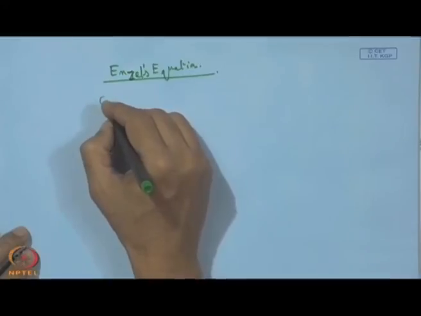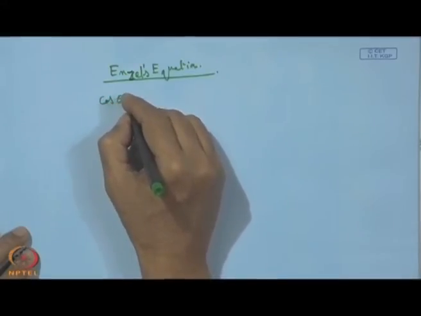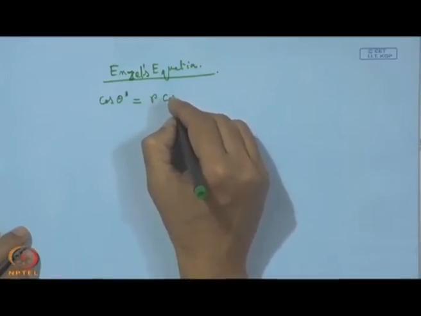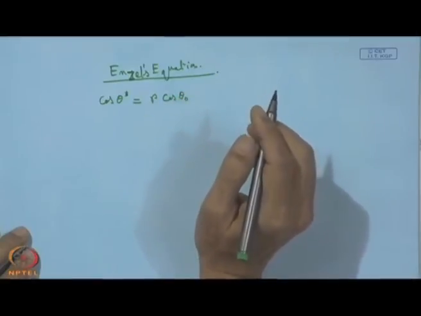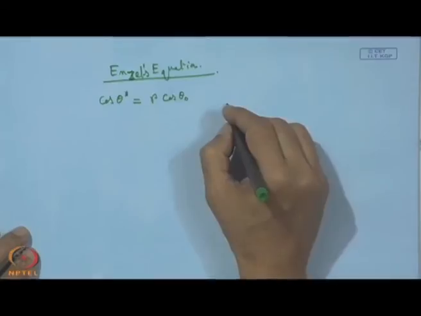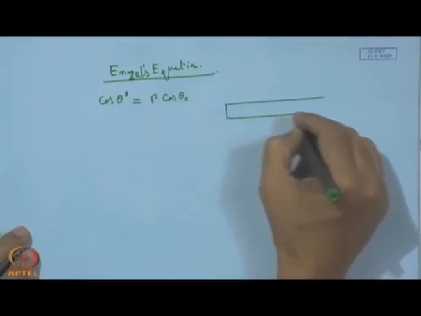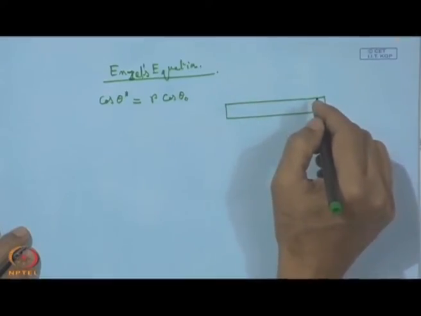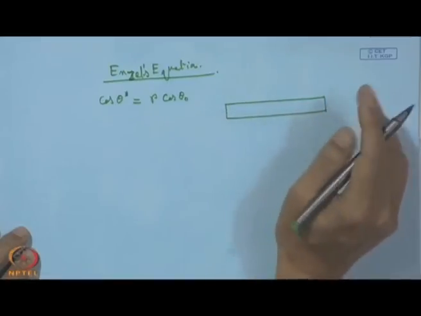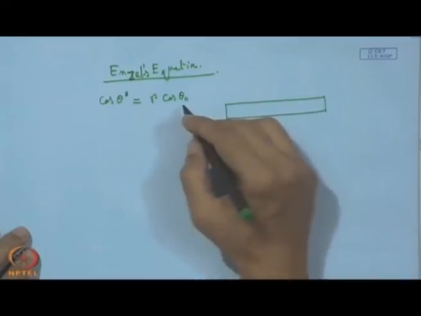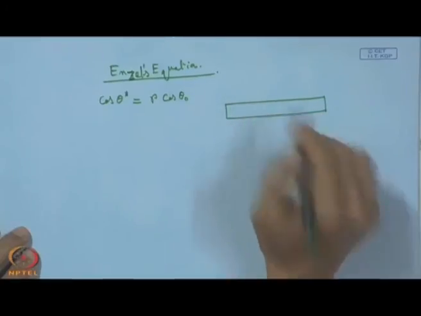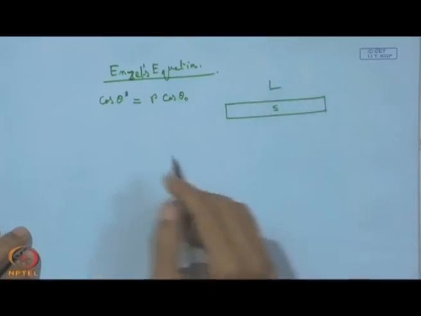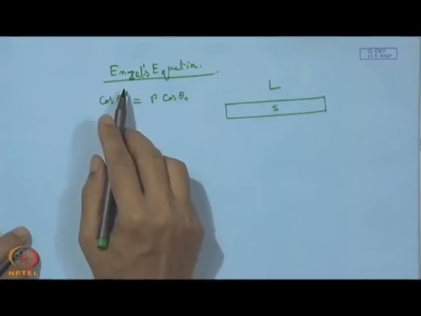The equation states that cos theta star is given by r into cos theta O. Now, cos theta O is the normal wetting angle if the surface is absolutely flat and smooth. So, if it is a flat surface with sufficient smoothness, then theta O will be the contact angle of a liquid over this surface. So, the liquid and solid are the same, only according to Wenzel's equation.